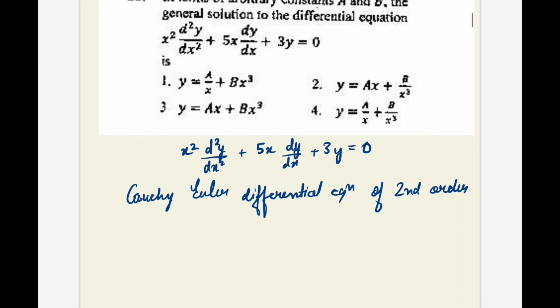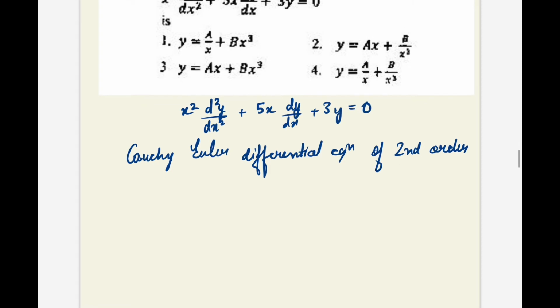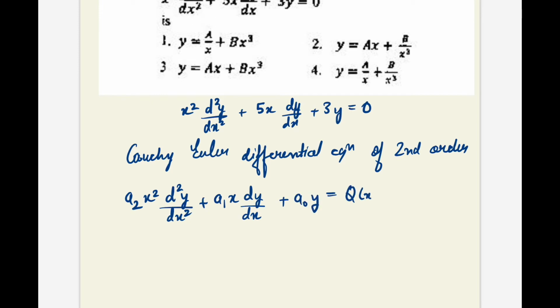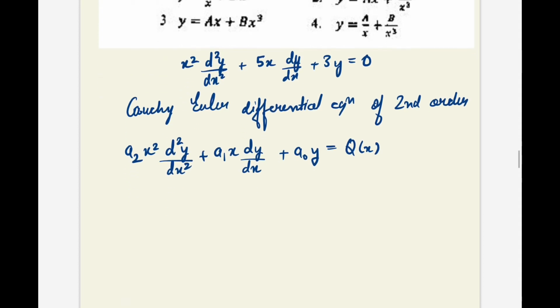which is of the general form. I will write the general form as a2 x squared d2y/dx2 plus a1 x dy/dx plus a0 y equals q(x).